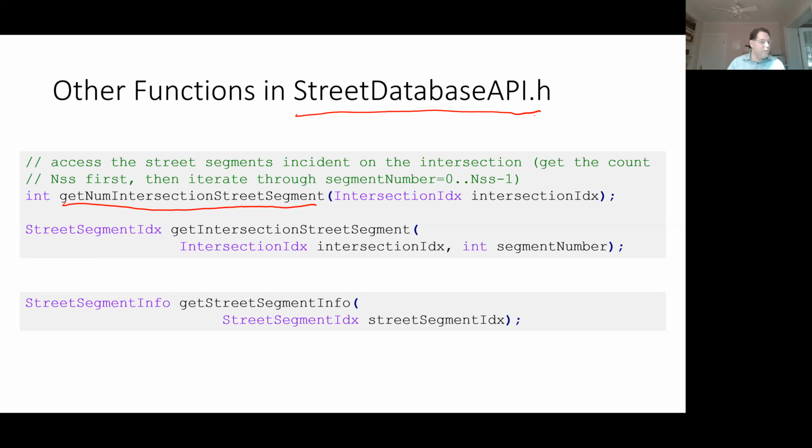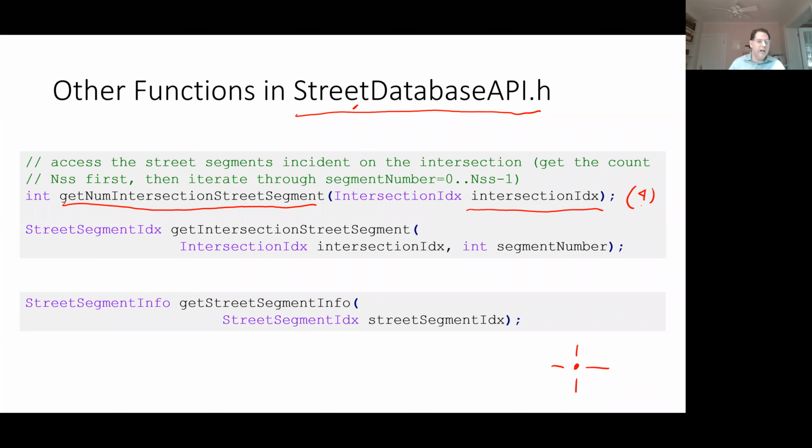It already exists. You just include this header file and you can call it. When you call this function, you pass it an intersection index, an integer that refers to some intersection, and it returns how many street segments connect to it. So if I've got an intersection that four pieces of street come into, this is going to return 4.